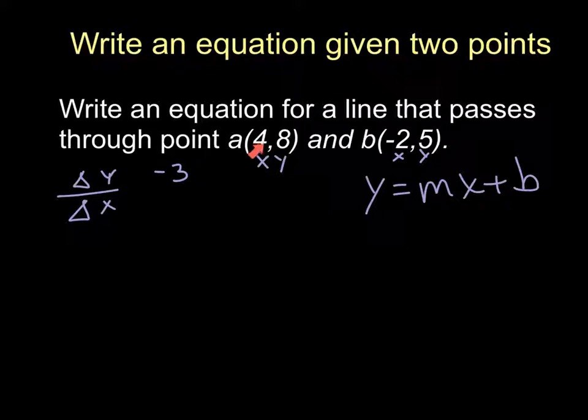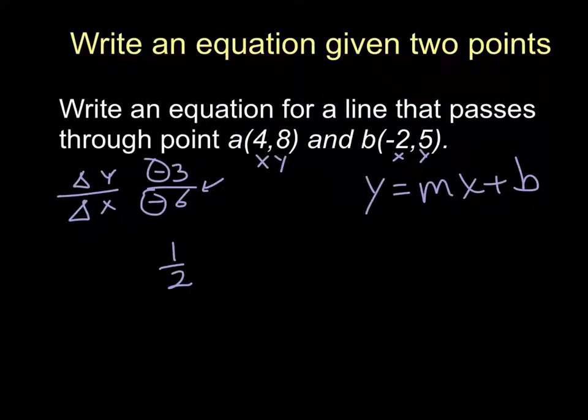From 4 to 0, it's 4, and then I go down to -2, so that's a change of -6. So 3 over 6, when I simplify it, becomes 1/2. And when you think of it like dividing, -3 divided by -6 is going to be positive. So 1/2 is my slope.